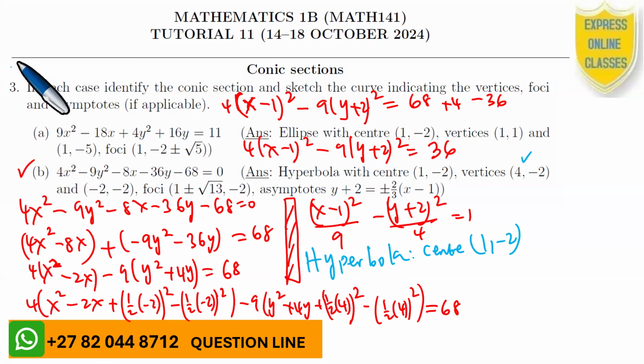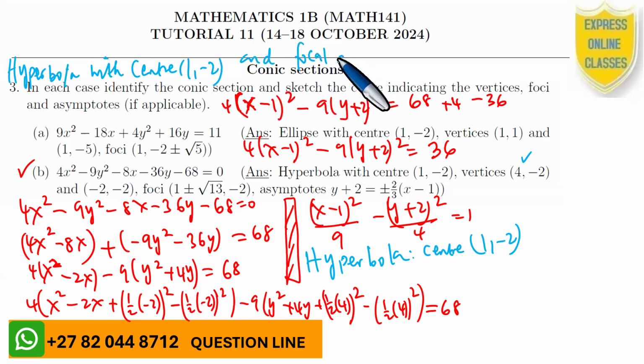So the classification is that we have a hyperbola with center (1, -2) and focal axis parallel to the x-axis.